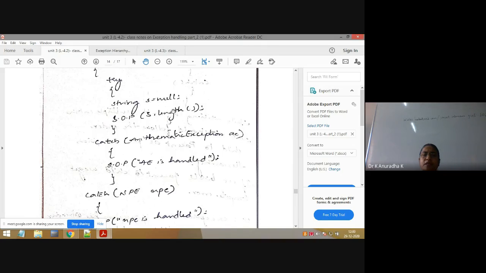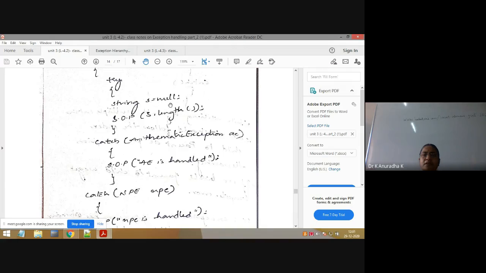Actually we should write String s = new String("Krishna"), but without creating the object and without assigning the address of the String class object to the variable s, I am trying to access the length method of the String class using this reference variable. I already explained this. This is nothing but NullPointerException.